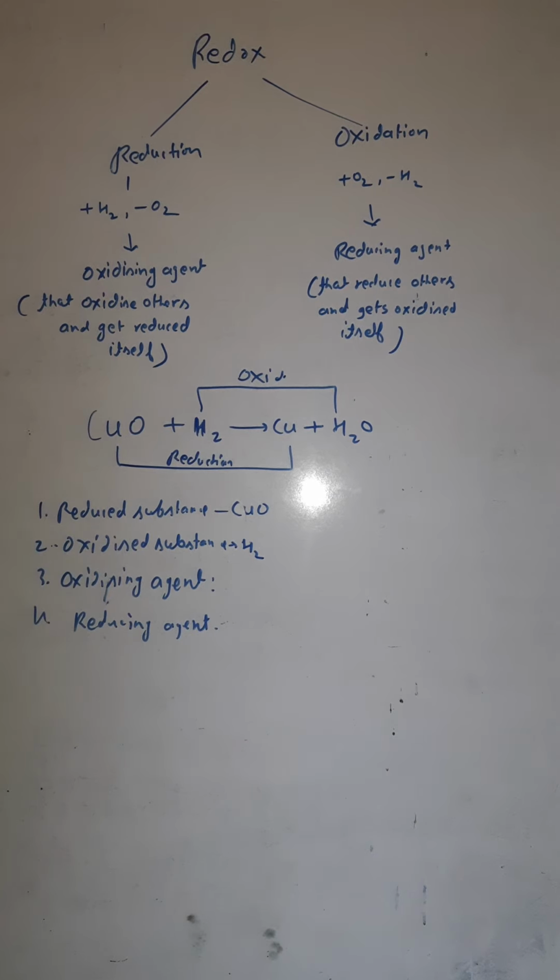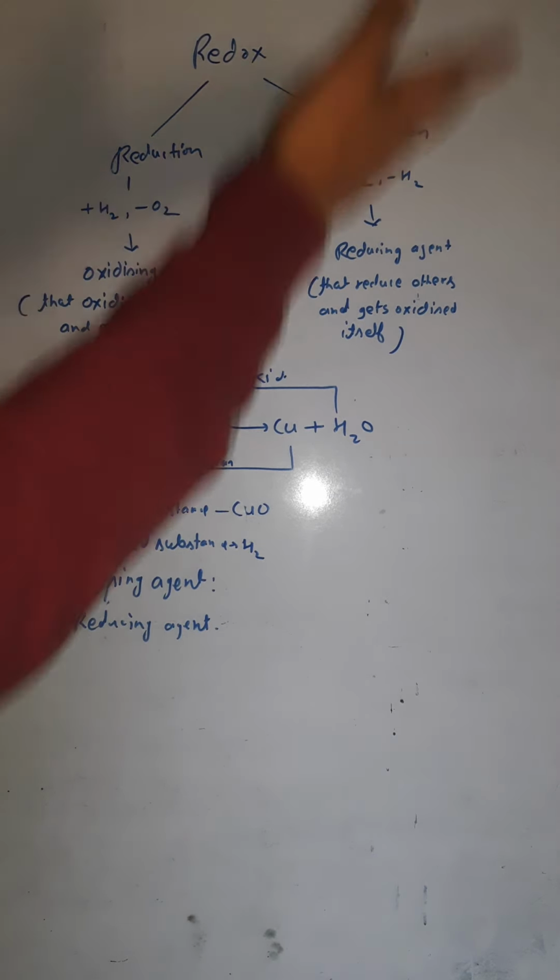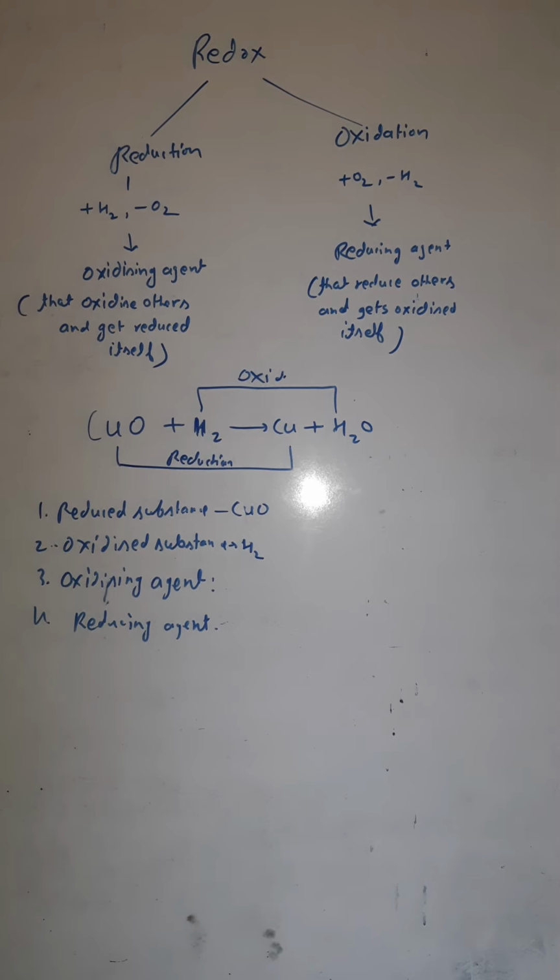What is the oxidizing agent then? Oxidizing agent means that which oxidizes others but is reduced itself. So which one is oxidizing others? CuO is oxidizing H2 because CuO is giving oxygen to H2.